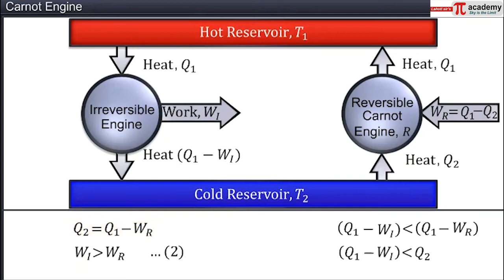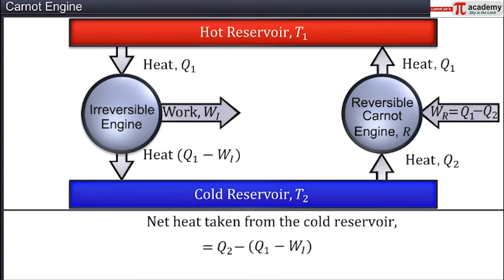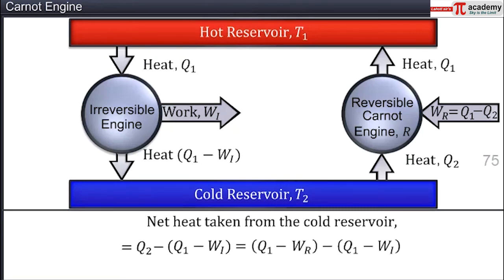Substituting the value of Q2 in this expression, we get Q1 minus WI is less than Q2. Since Q2 is greater than Q1 minus WI, the net heat taken from the cold reservoir is Q2 minus Q1 minus WI. On substituting the values of Q2 and on further simplification, the net heat taken out of the cold reservoir is equal to WI minus WR.